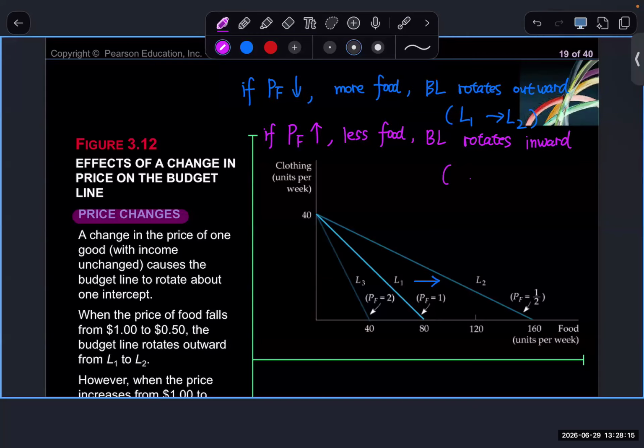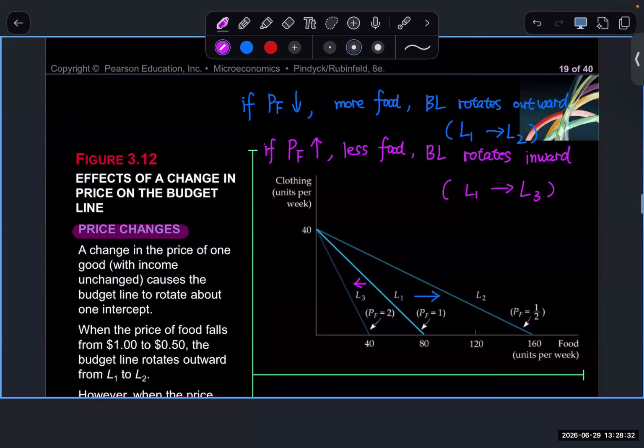In the example here, it's from L1 to L3. But here we hold income and the price of clothing the same, okay? We only change the price of food.